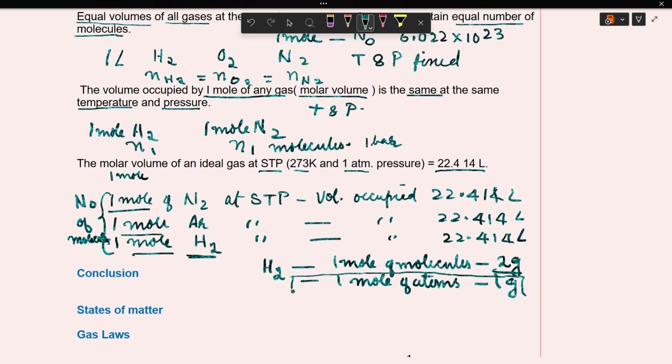So, hydrogen molecule, that is 2 gram. If I am taking 2 gram of hydrogen, it will occupy at STP 22.414 liters. In the case of nitrogen, it is 14 and 14, 28. If I take 28 gram of nitrogen at STP, it will have a volume of 22.414. Do not confuse that with the atomic masses.